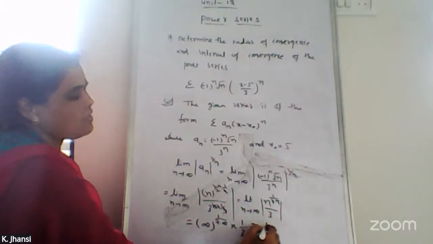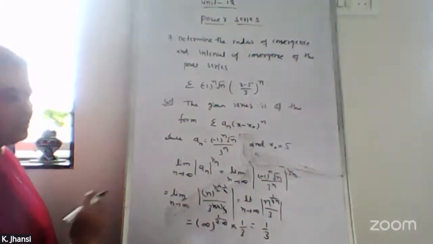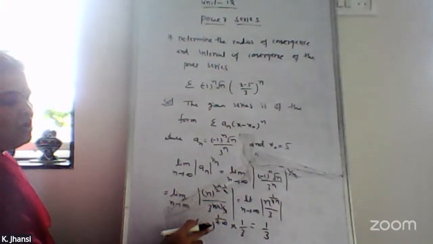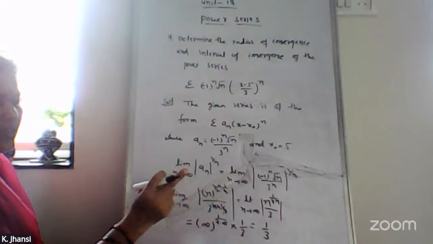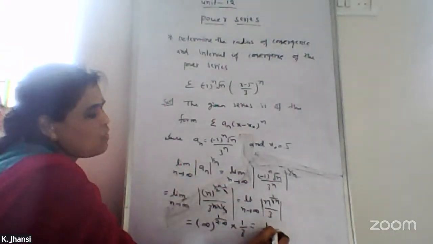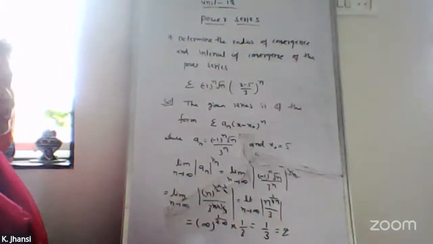If you have any confusion, you can see here. So 1 by infinity means 0. Infinity to the power of 0 means that value is 1. So 1 by 3. 1 by 3 is equals to what? Q. So Q we got.